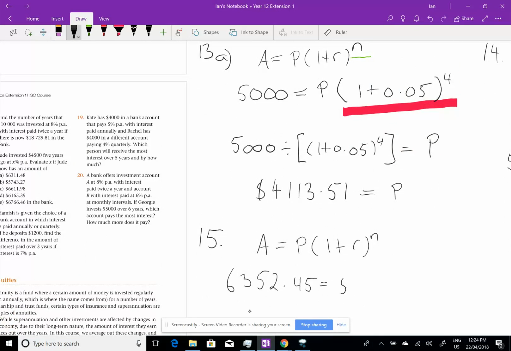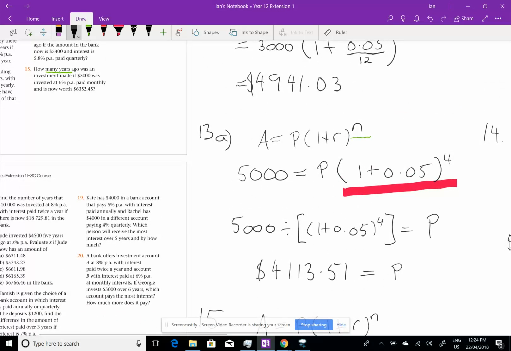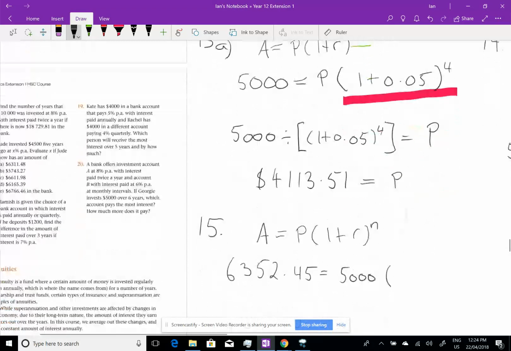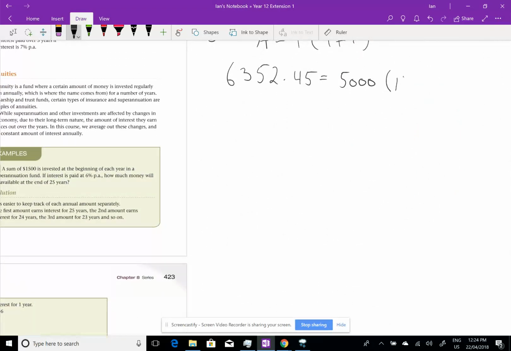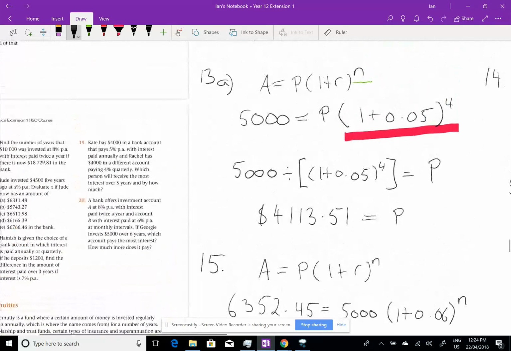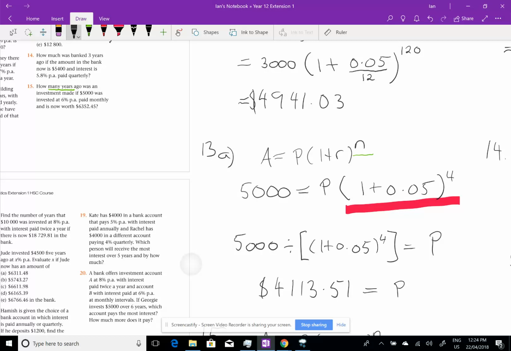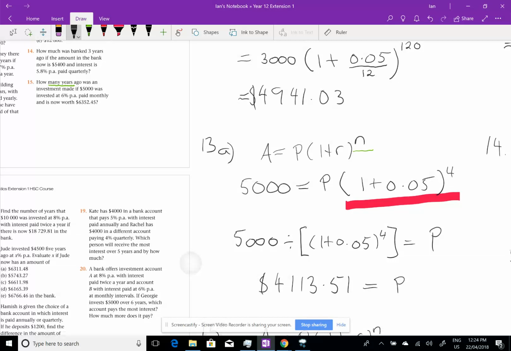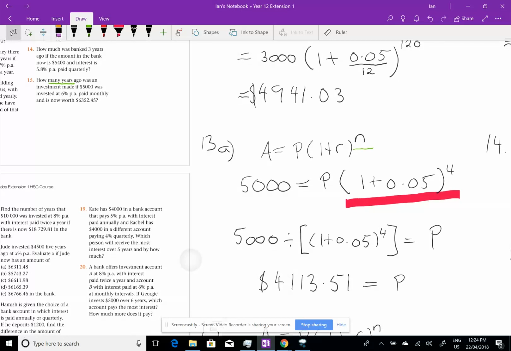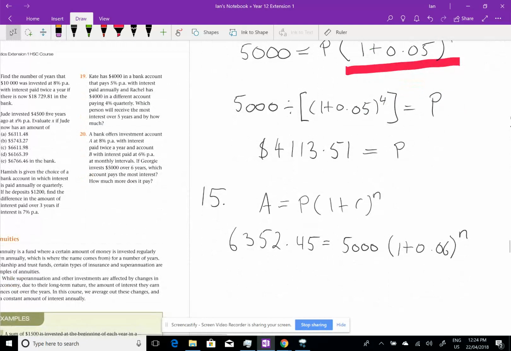It was 5,000. The interest rate was 6%. And it was for that many years. It's not quarterly, I don't think. No, it is. It's monthly. So they hit us with a really hard one straight up. So that's 6 over 12.